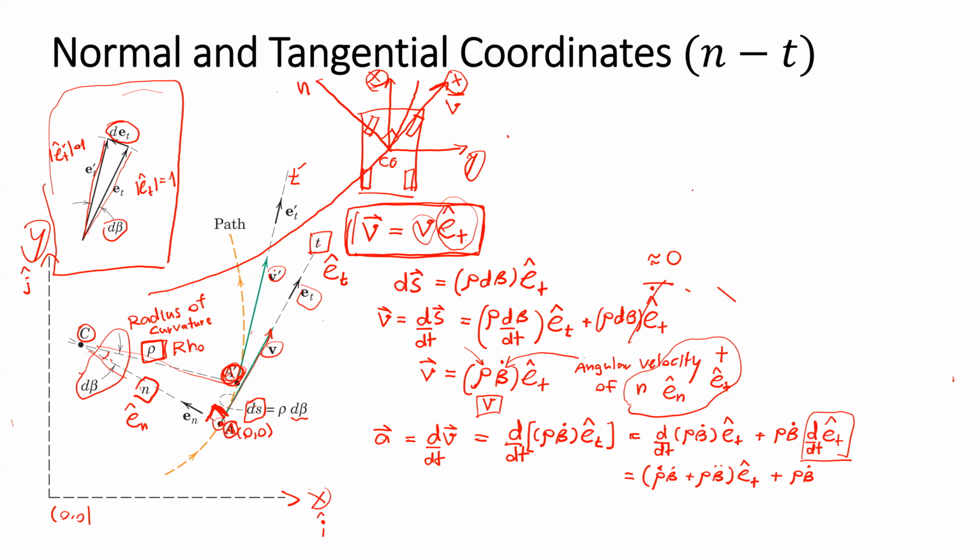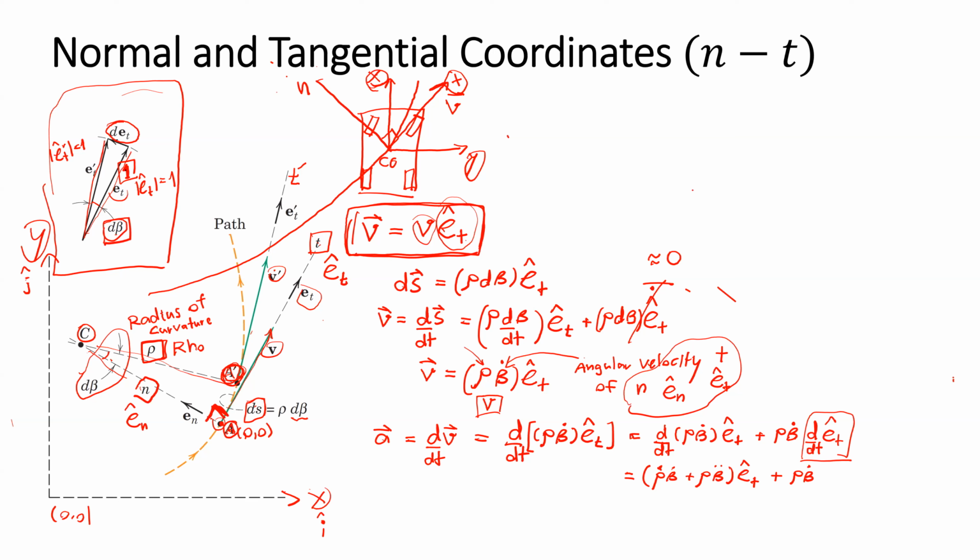So the radius of this is equal to 1, and the angle is delta beta.